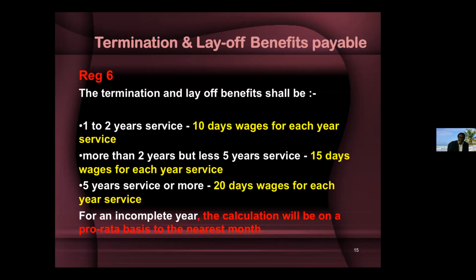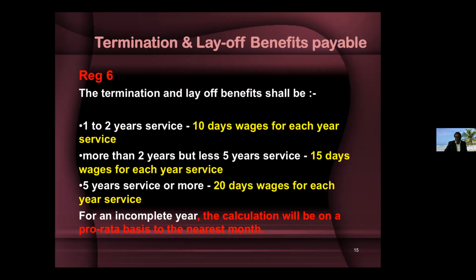Okay, now we take a look briefly at the amount. As I mentioned earlier, what we have to oversee is the amount as well. We've all been through this before. The amount is based on the formula given under Regulation 6. If an employee under the Employment Act has 1 to 2 years of service, what is payable is 10 days wages for each year of service.